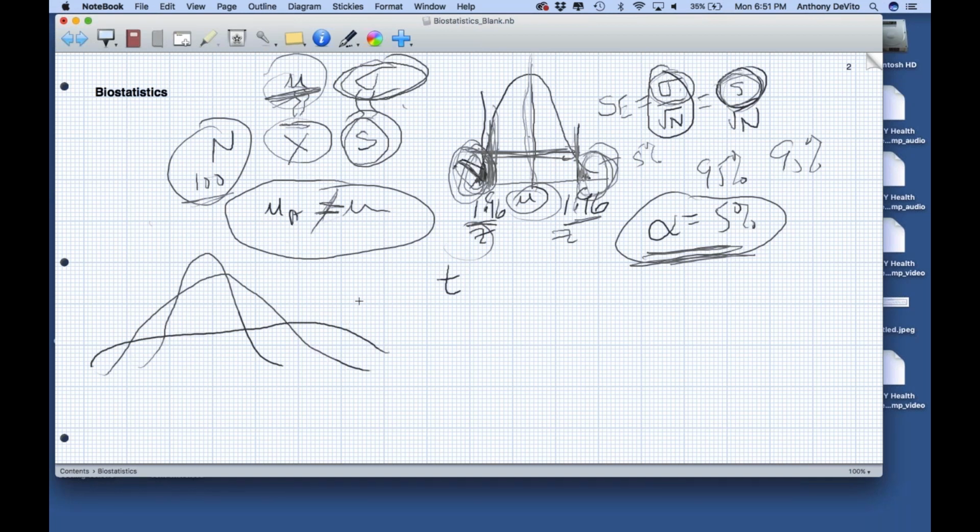Well, we don't want to work with a textbook that's got 5 million tables for every possible sample size. So instead, we use a t-table, and that t-table only has the really important t-values that we're interested in: the t-value that corresponds to 1.96 or 95% certainty for our particular sample size. So we have sample sizes here, degrees of freedom, but effectively sample sizes.